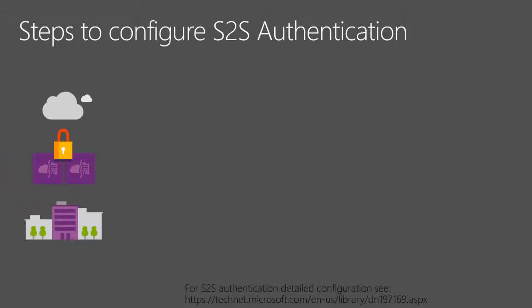So quick recap around steps to configure server-to-server authentication. The first thing is you have to replace the STS certificate, the Security Token Service Signing Certificate for your on-premises SharePoint farm across all SharePoint servers in the farm. We have documented guidelines on TechNet and some references we are going to talk about later.